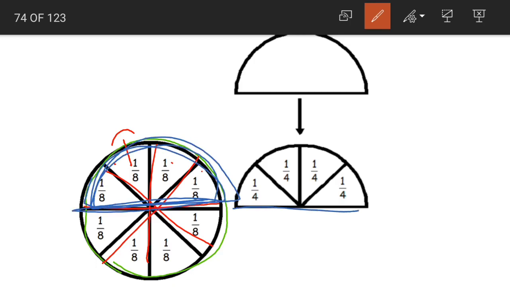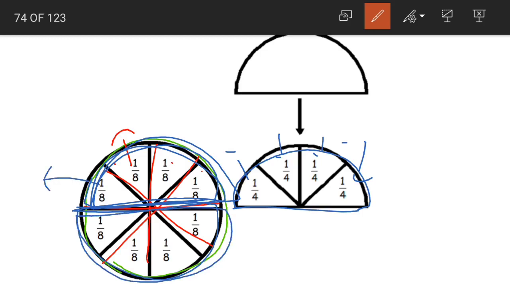Now if we consider only this half, each part becomes 1 by 4. But if we consider from the whole, there are 4 more parts, so each part becomes 1 by 8. Understood, children? We took the half of the watermelon and divided it into 4 equal parts.